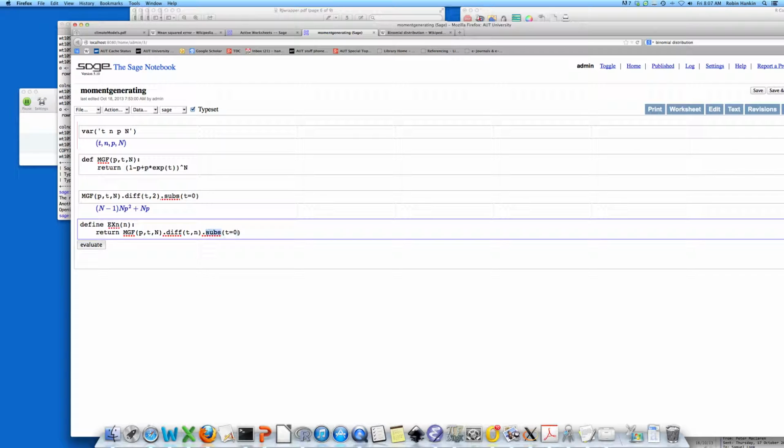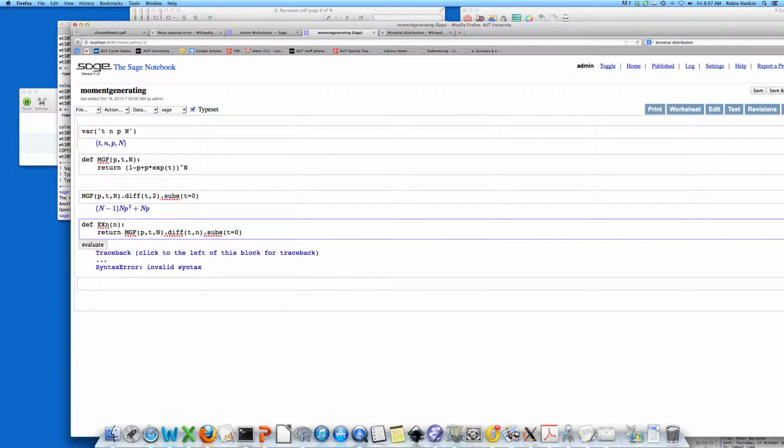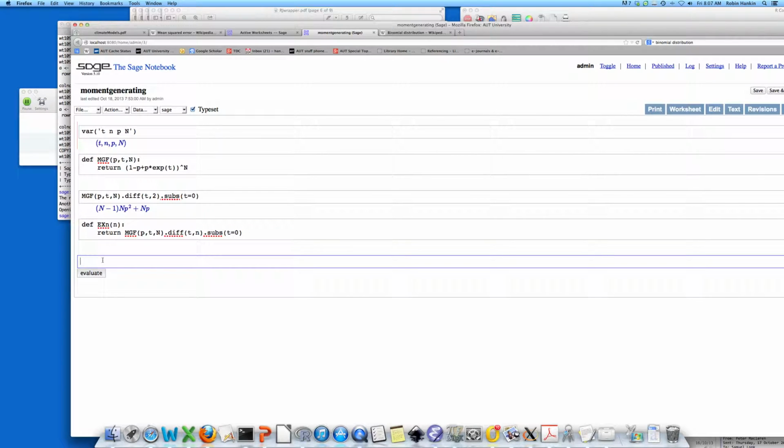And this bit here means substitute t equals 0. So we're doing it all in one big, oh dear. It's because I need def, not define. Try that. Fantastic.